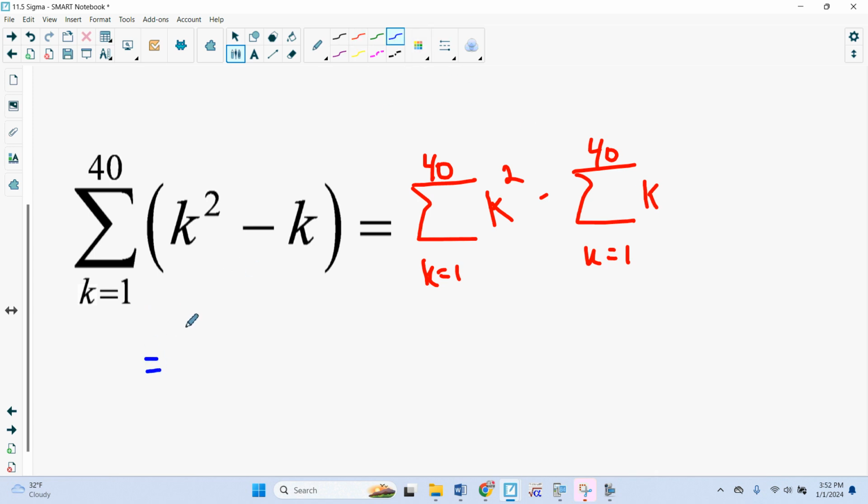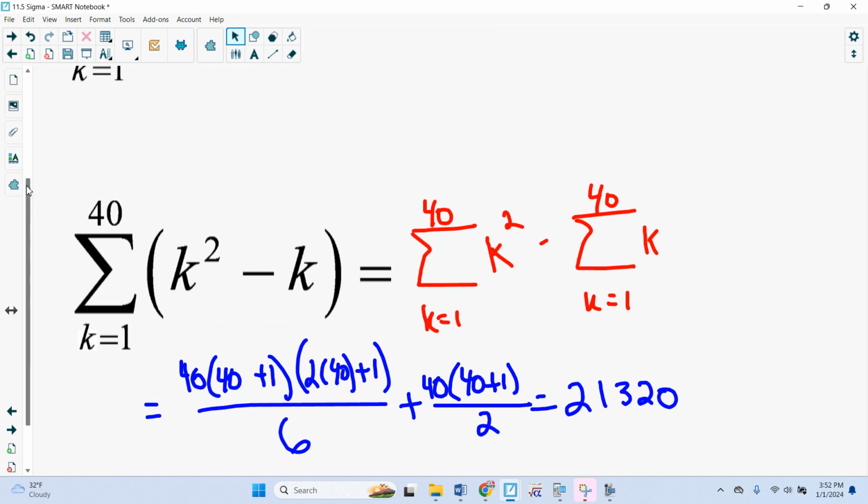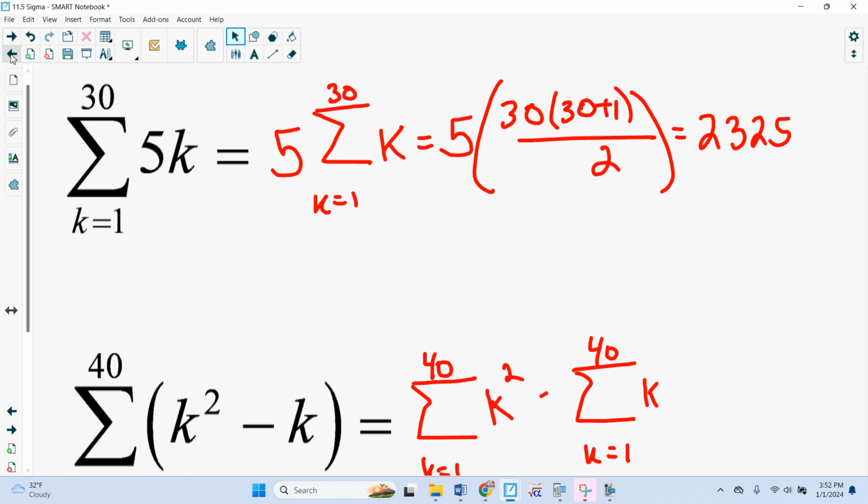And now if we use our formulas, this is 40 plus 1, 2 times 40 plus 1, all over 6, minus 40 times 40 plus 1, all over 2, and that equals 21,320.